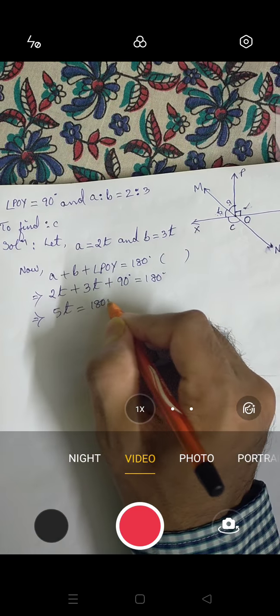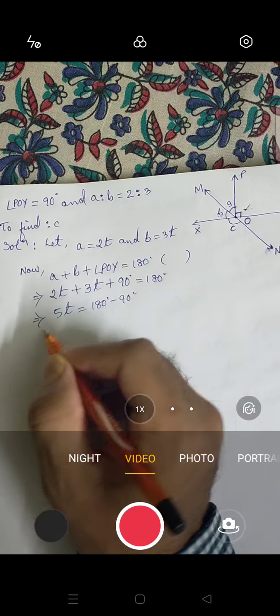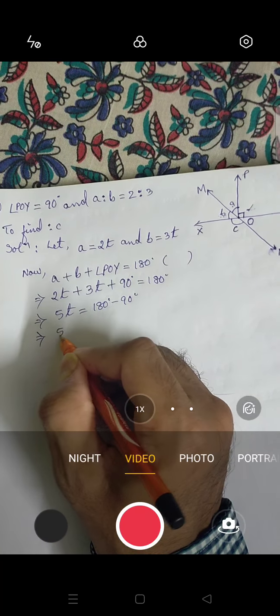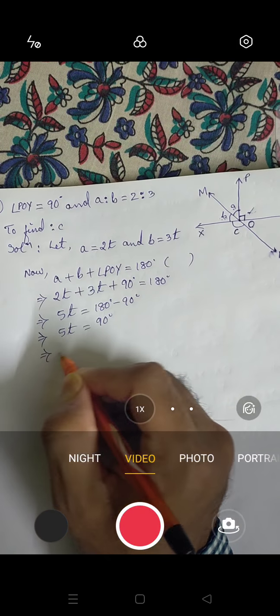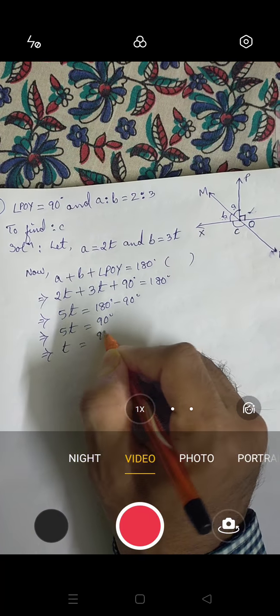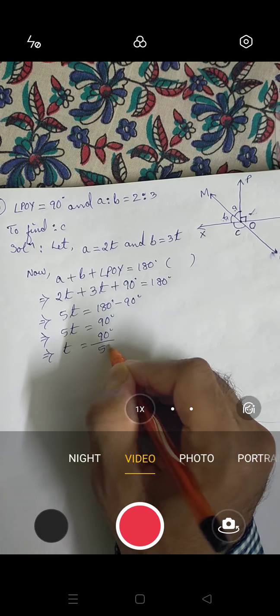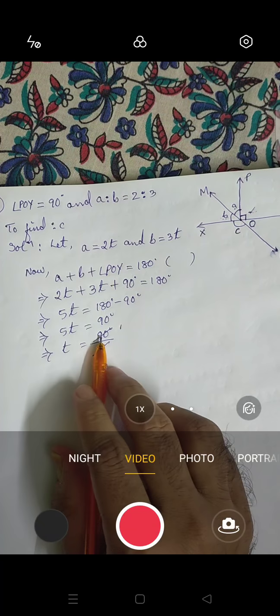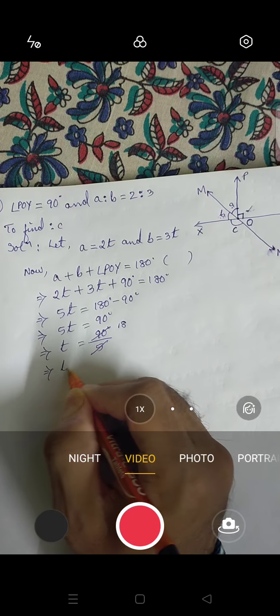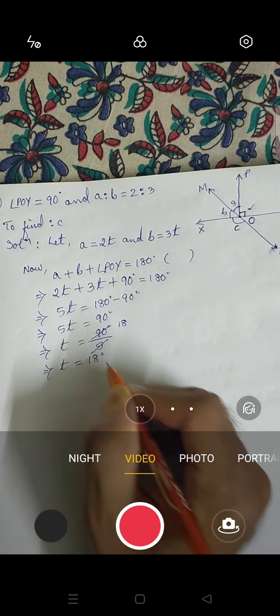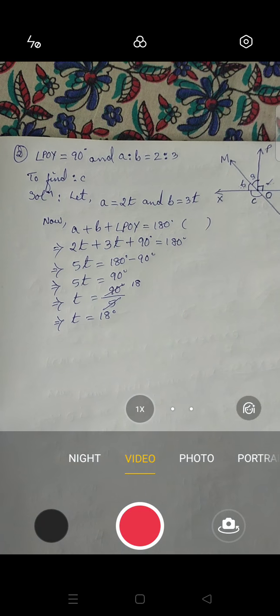It will become 180 minus 90 degree. So this will become 5T equals to 90 degree, and then T is equal to 90 by 5. So 5 8s are 40. That means you are getting T is equal to 18 degree. You got this one.